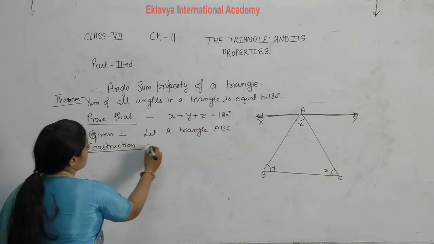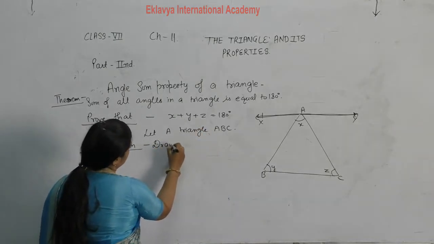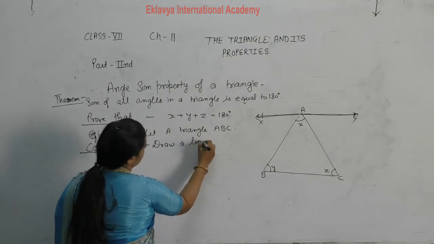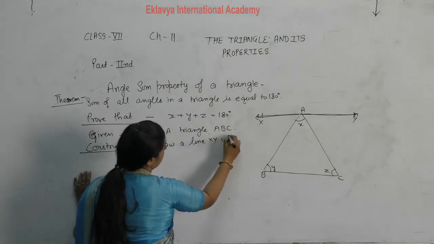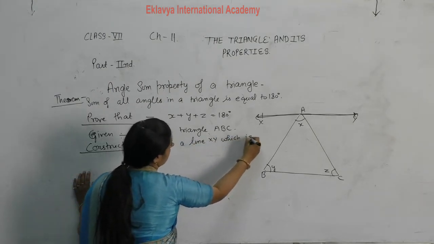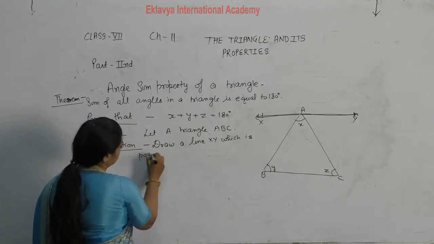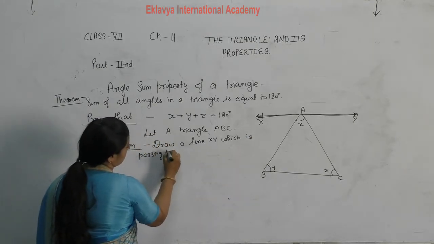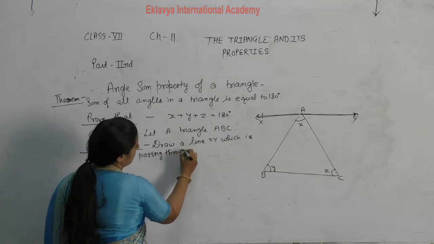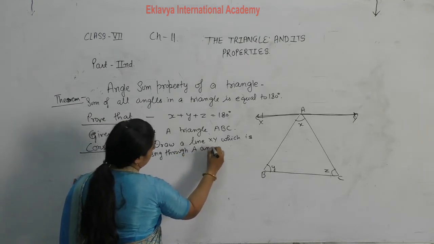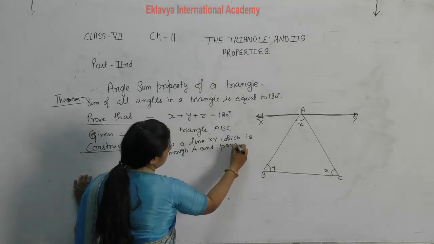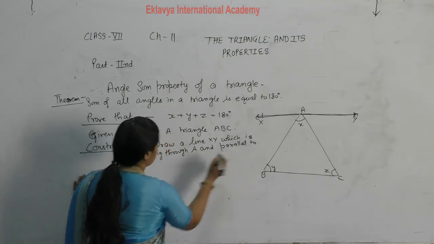What do we write down in construction? Draw a line XY which is passing through A and parallel to BC.